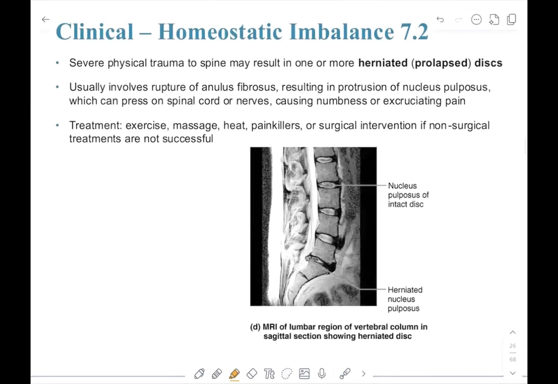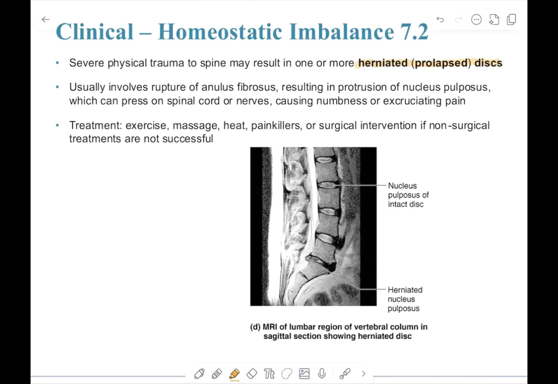For this clinical homeostatic imbalance, we can see that any physical trauma can cause a herniated or a prolapsed disc. Commonly, people might say they have a slipped disc, and that's pretty much what this is.